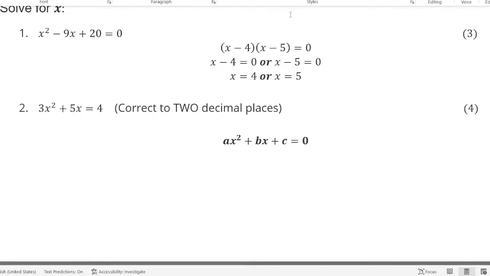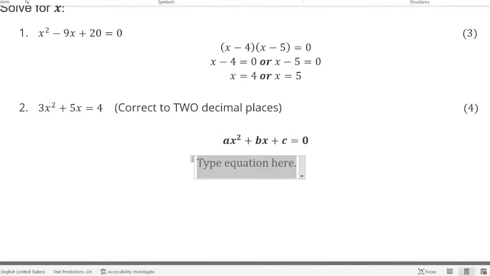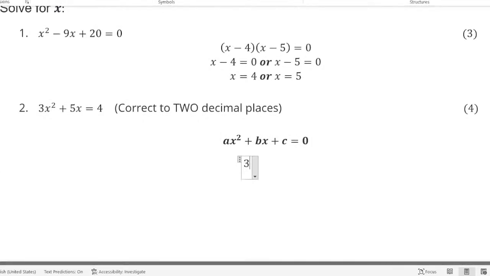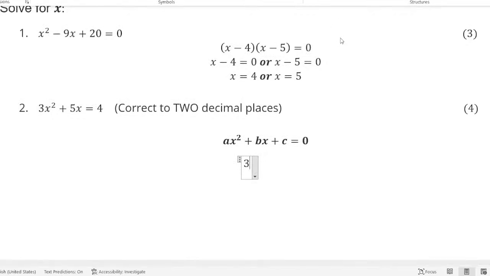Perfect. So now let's write 3x squared plus 5x is equal to 4 in the form of ax squared plus bx plus c is equal to 0. So we'll say 3x squared plus 5x.